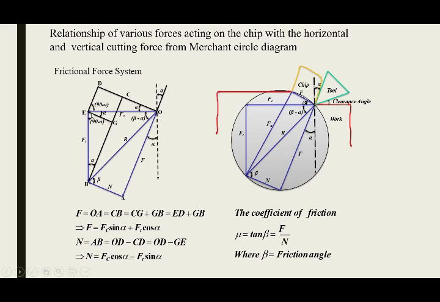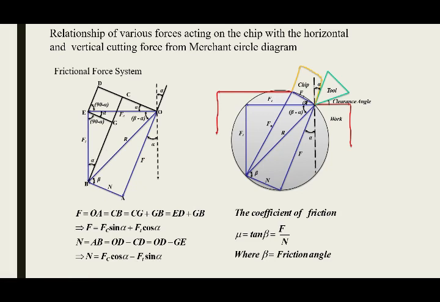This is GE. Considering triangle BEG, sin alpha is equal to EG divided by FT. So EG is equal to FT sin alpha. This is the equation for normal.